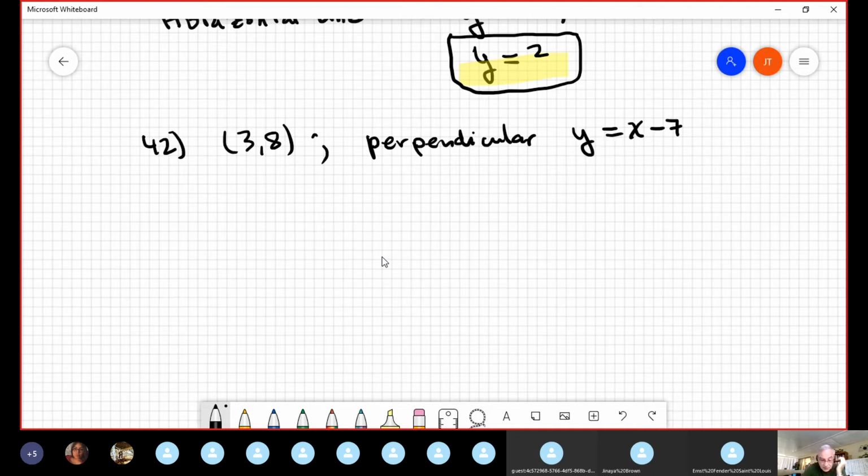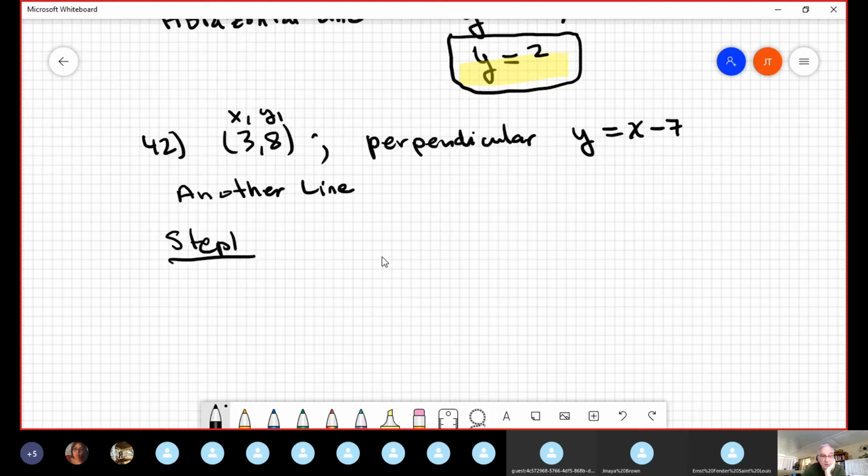The problem says find the equation for the line that is perpendicular to the given line and passes through the given point x1, y1. You need to find the equation for another line that satisfies this condition: passing through this point and perpendicular to the given line. Okay, step 1.